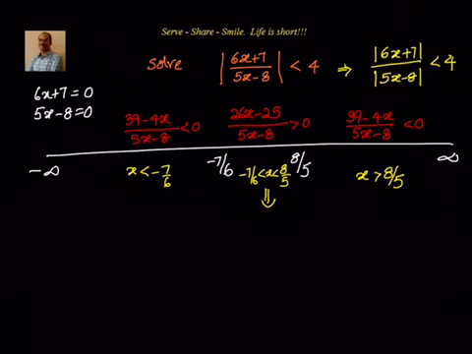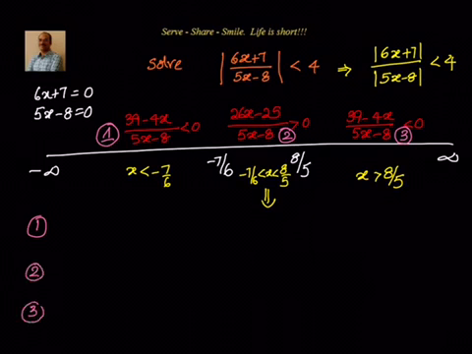So I'll give them names so that we can easily remember that. Let me say this is interval 1, that is x less than minus 7 by 6. Next is x less than 8 by 5 and greater than minus 7 by 6, and next one is the third interval. So we will now do our solution set.